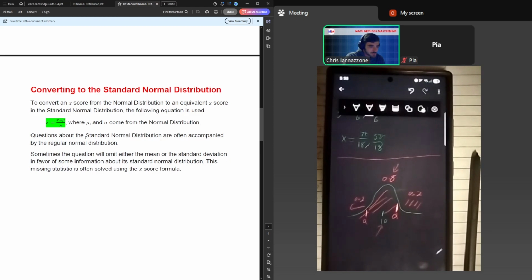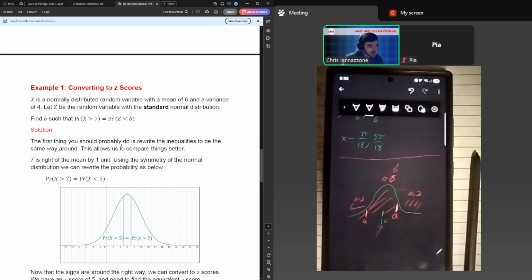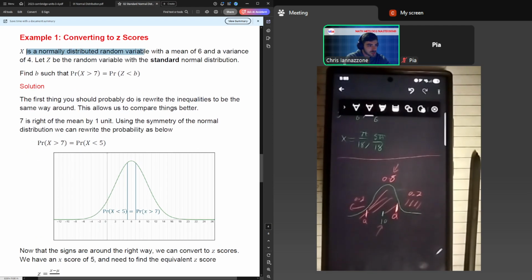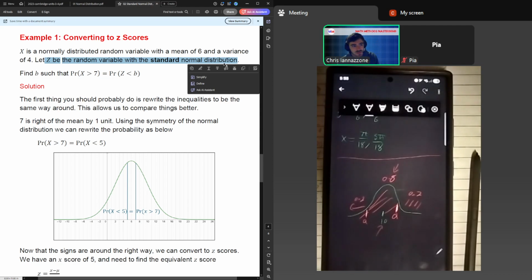The reason this becomes important is because you'll come across questions like this. X is a normally distributed random variable with a mean of 6, variance of 4. So we're told the mean and variance of the original distribution, and we are contrasting that with Z, the standard normal distribution.